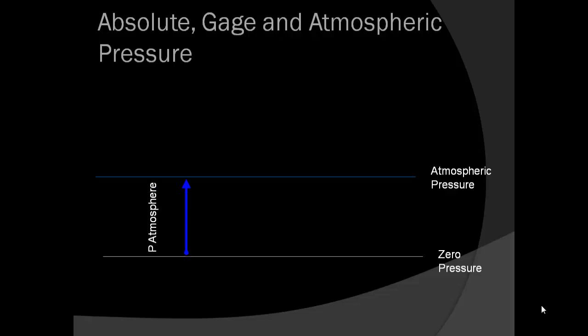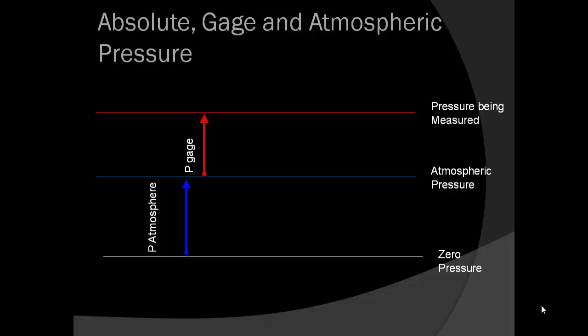Pressure measuring devices typically measure the difference between the pressure of the fluid and the atmospheric pressure, shown on this slide as the red line. We'll call that gauge pressure.